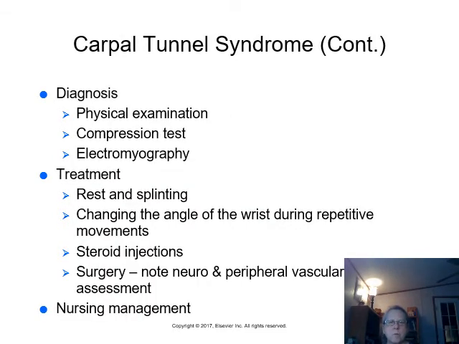Keeping on with the carpal tunnel syndrome, the doc's going to look at the wrist area. They may do a compression test and an electromyography test, which is looking at the muscles and the nerves electrically and seeing if there is nerve damage going on. Treatment, we're going to rest and definitely splinting.